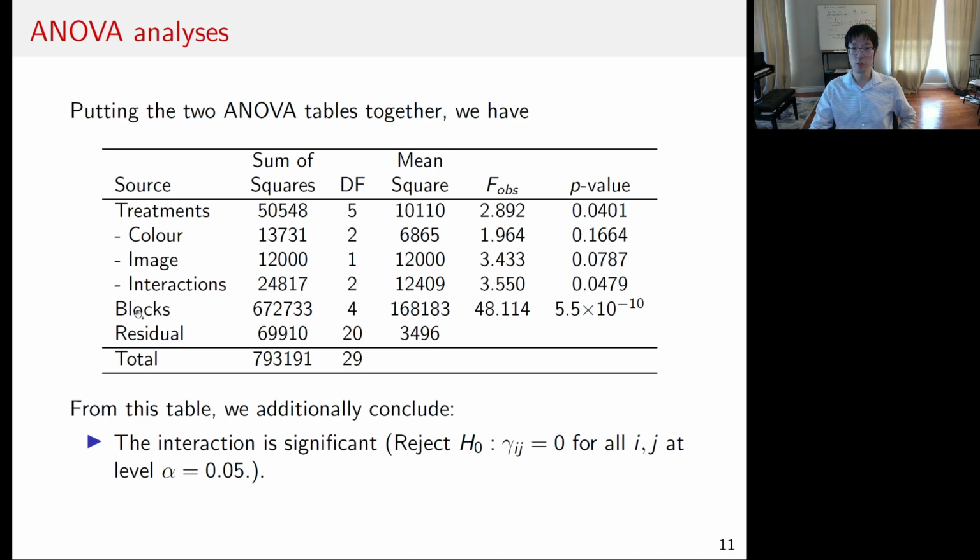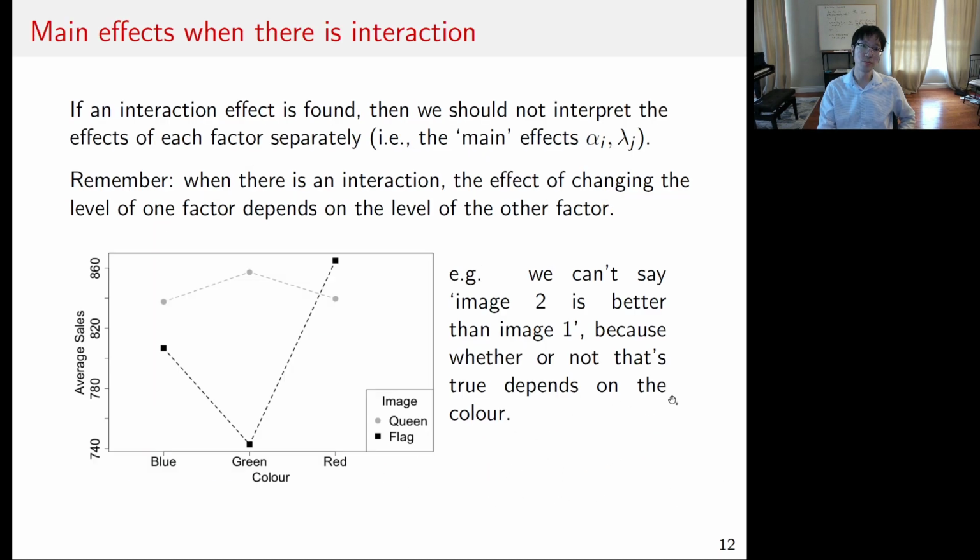Okay, and then the blocks and the residual rows are the same in both tables. Okay, so the interaction is significant. So in other words, we reject the null hypothesis that all the interaction parameters are 0.